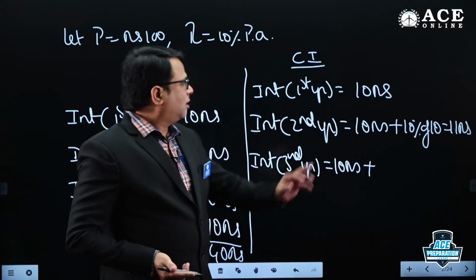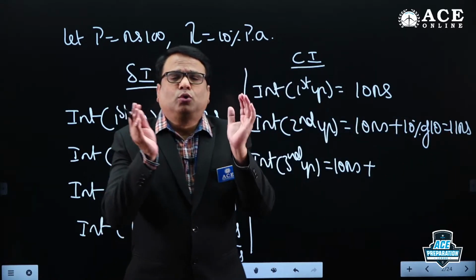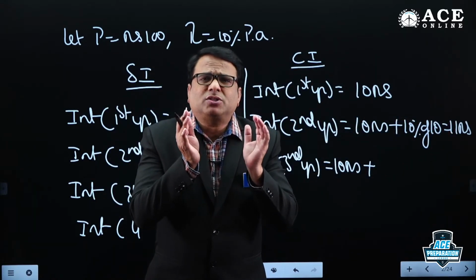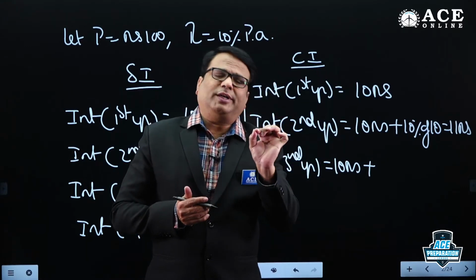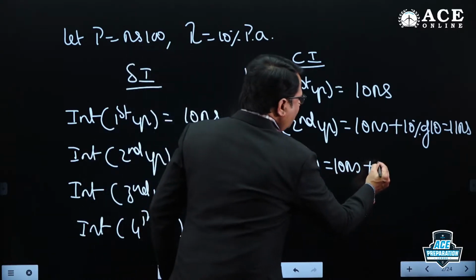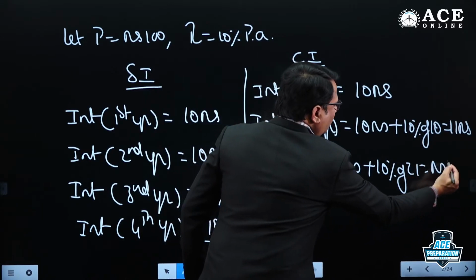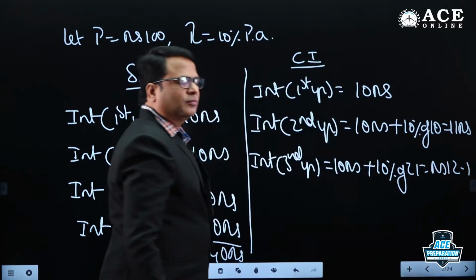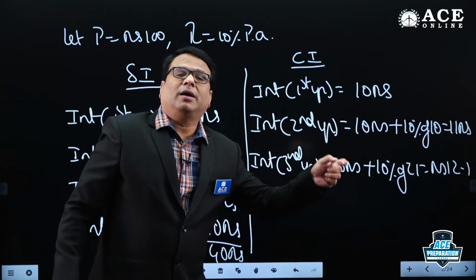First year 10 rupees, second year 11 rupees, so 21 rupees accumulated. On this 21 rupees, we charge 10%. So I write here plus 10% of 21. That will become rupees 12.1. So rupees 12.1 is the interest for third year.